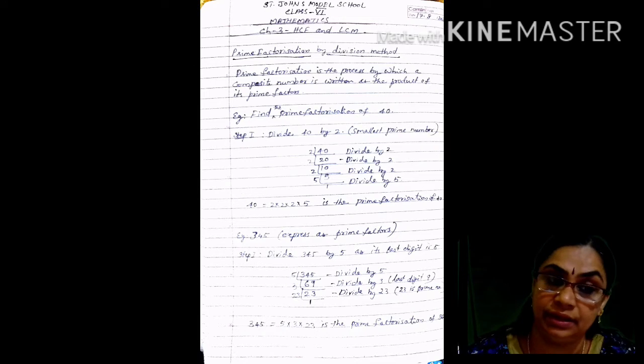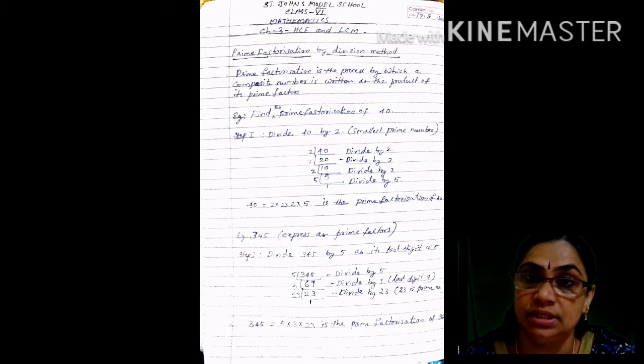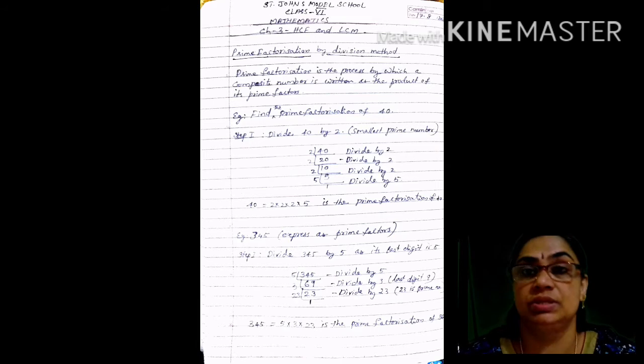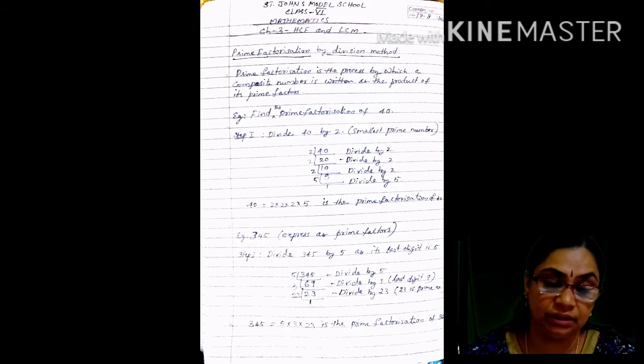For 10, if the unit digit is 0, then any number having 0 as its unit digit is divisible by 10. All these things we had discussed, and then the worksheet.